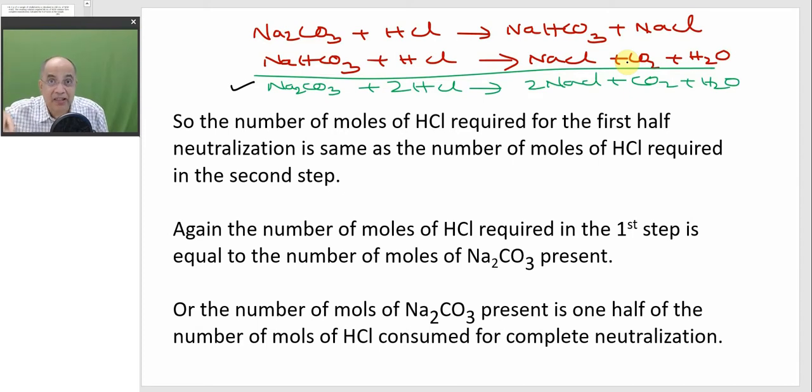Its color change takes place at a lower pH, about 4 to 6, in the acidic region. So if you add more quantity of HCl to the same analyte, you will find another endpoint.